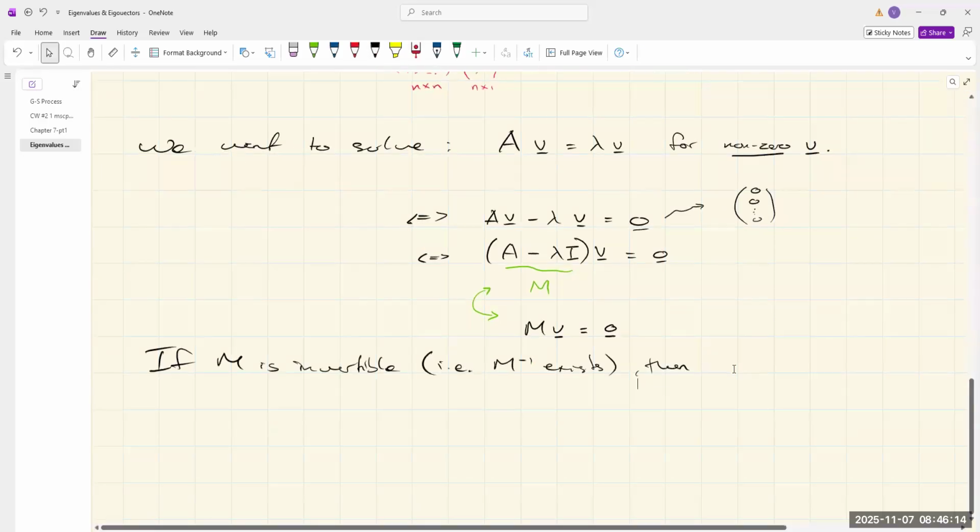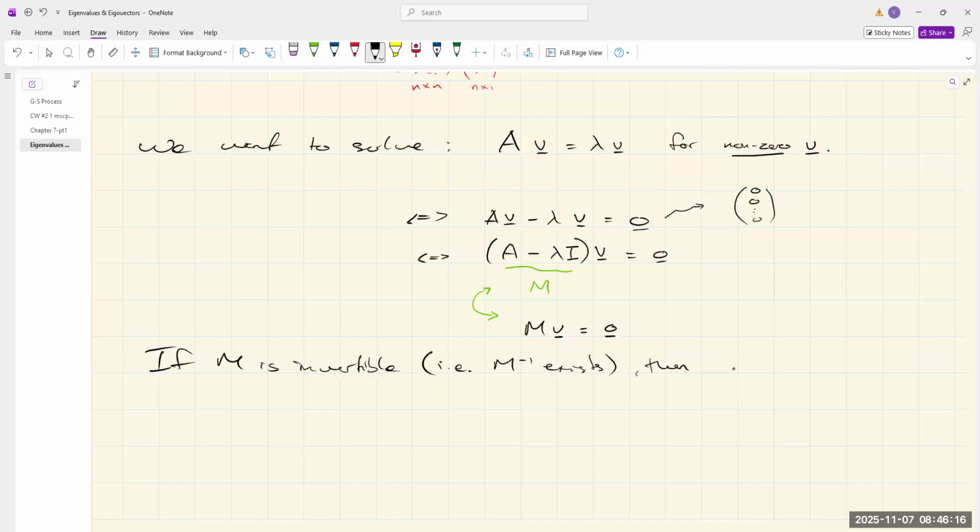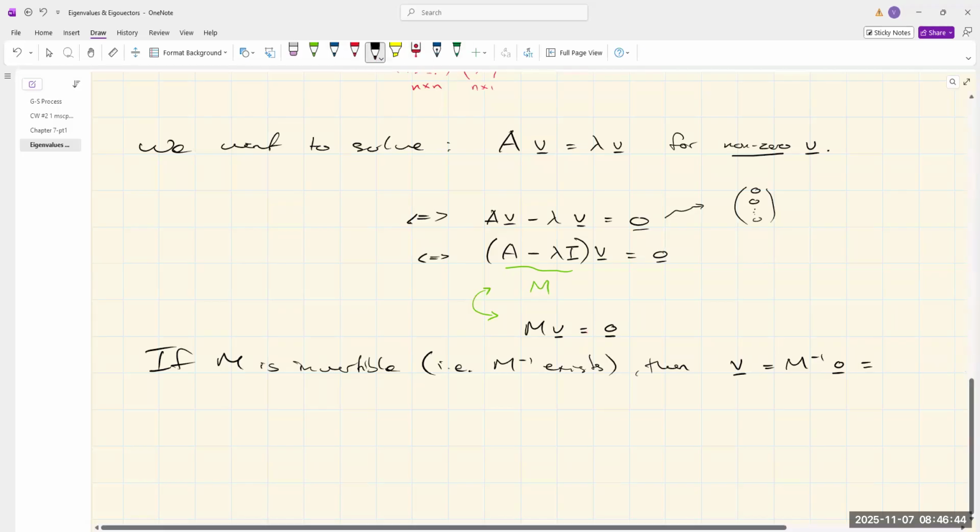Then I could just multiply both sides of that equation by M inverse, and say that v is equal to M inverse times the zero vector. These two cancel, and any matrix times the zero vector gives the zero vector.